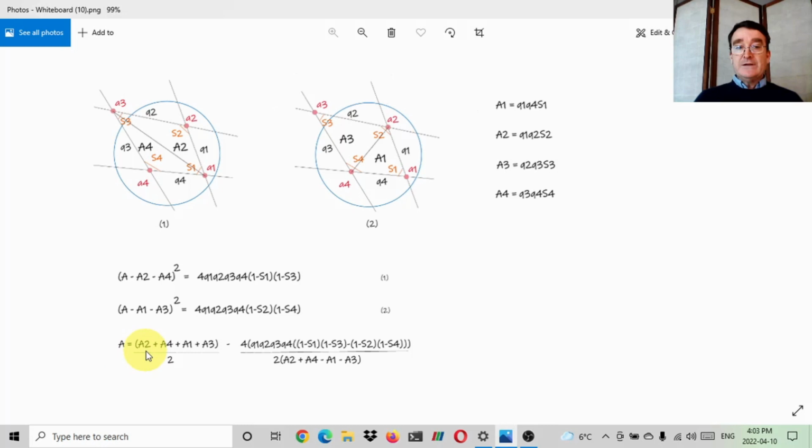What we'll be looking at in this video is what happens when A2 plus A4 equals A1 plus A3, and this denominator becomes 0.